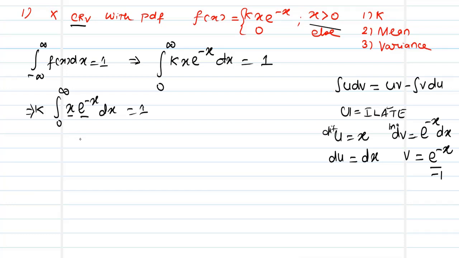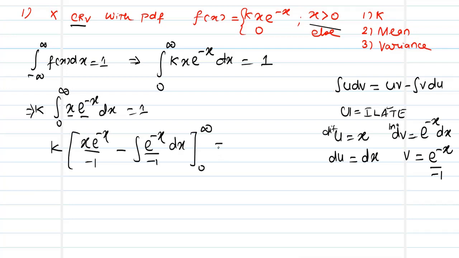What is uv? It is x into e power minus x by minus 1, minus the integral of v du, where v is e power minus x by minus 1 and du is dx. The entire thing has to be applied between the limits 0 to infinity, and the whole value times k is equal to 1.